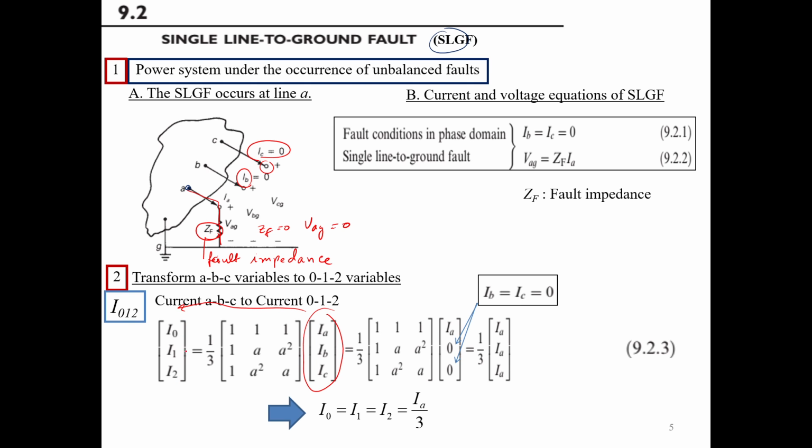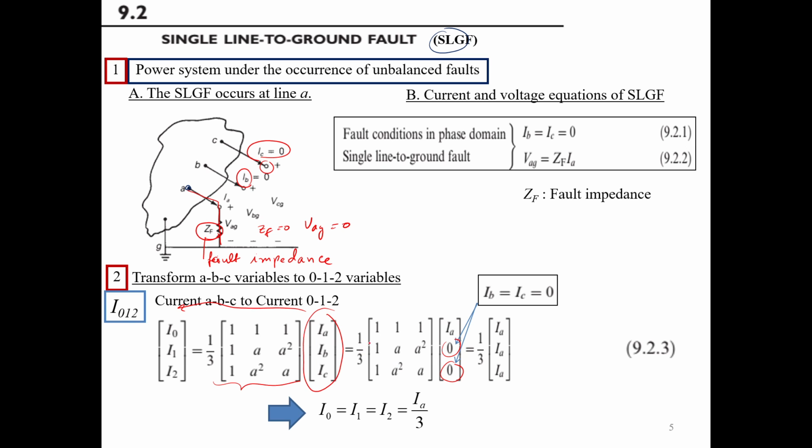These are the sequence quantities. We use the A inverse to multiply with the measurements in phase quantities. Now you see from this picture above that we have non-zero IA, but we have two zero currents, IB and IC. So we substitute IB and IC by zero.